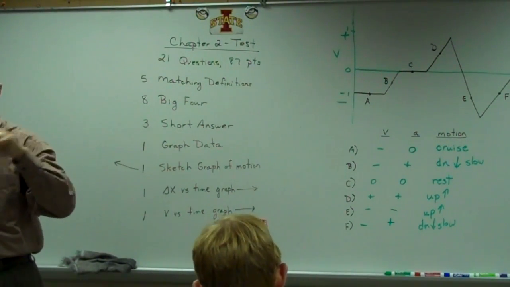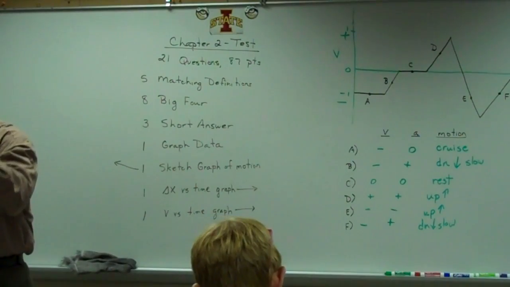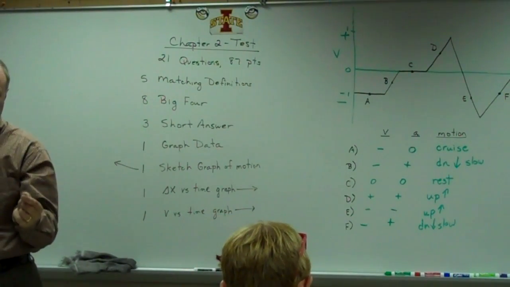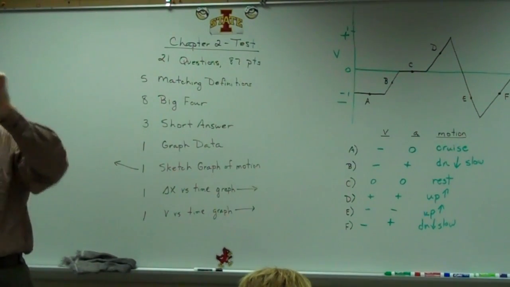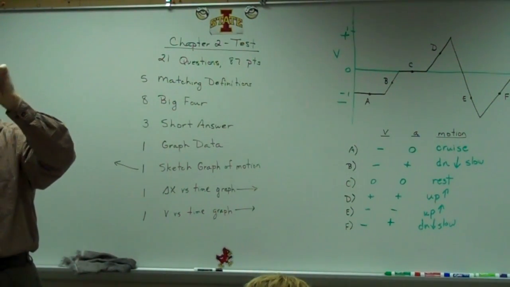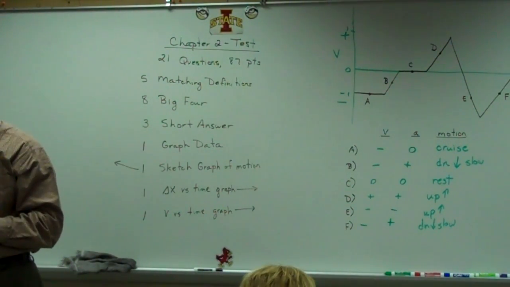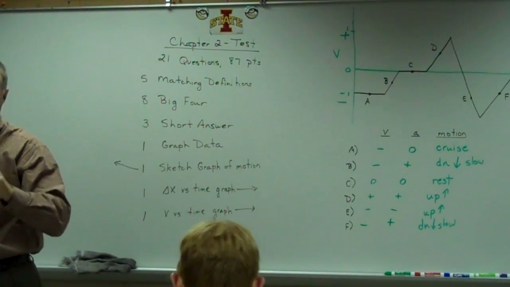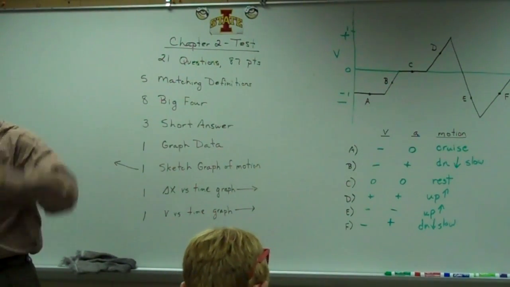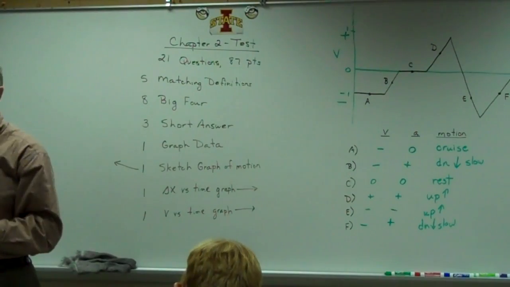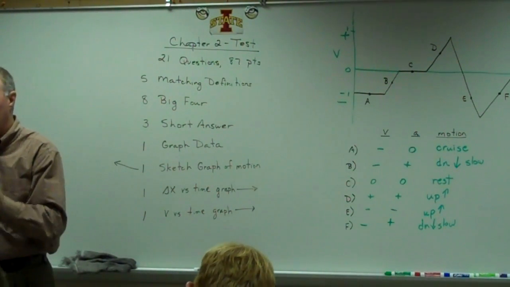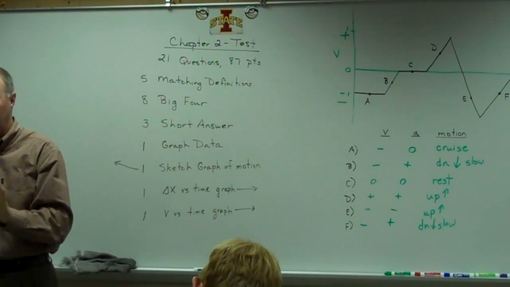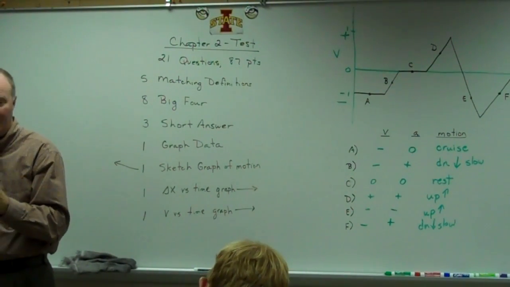When you take the square root of something, you have either a positive answer or a negative answer. You can't take the square root of a negative number. The way that is avoided is because the displacement is usually negative. But your answer could be either positive or negative. Just keep in mind which direction you're going. So the Big 4, I would say, are not necessarily outlandishly tricky. I hope.